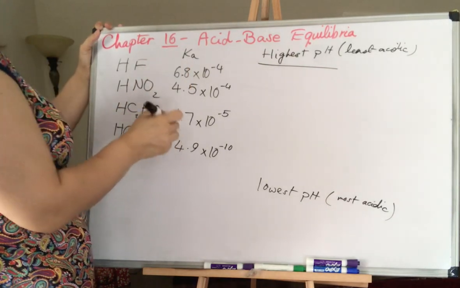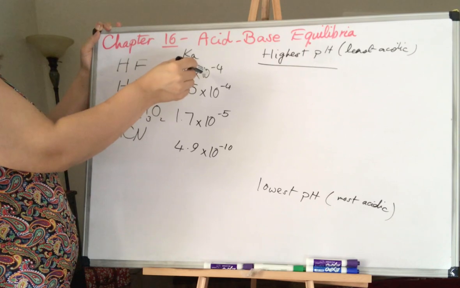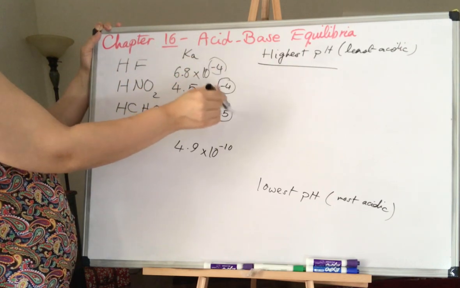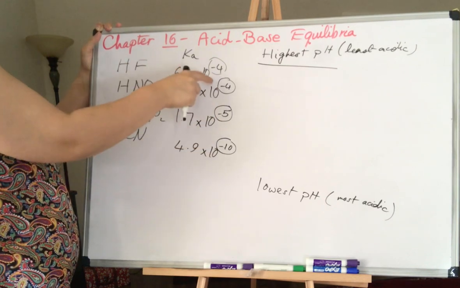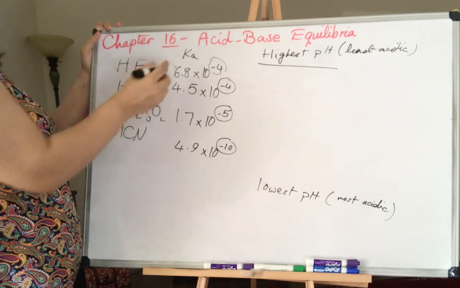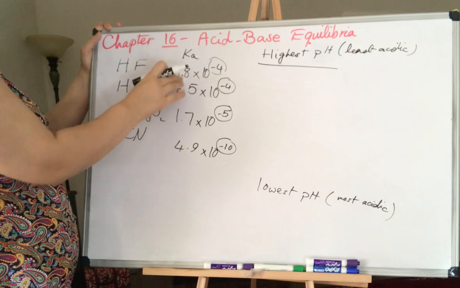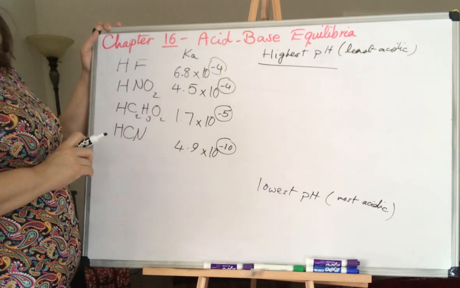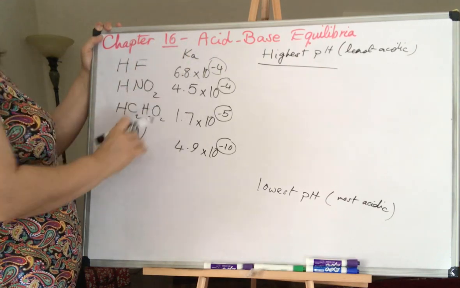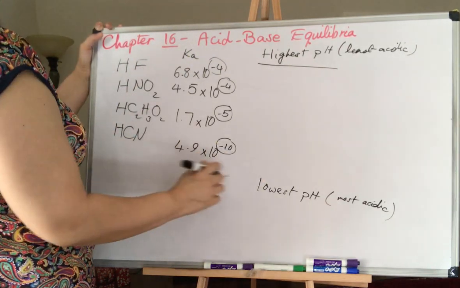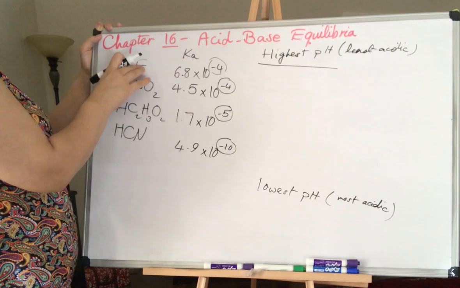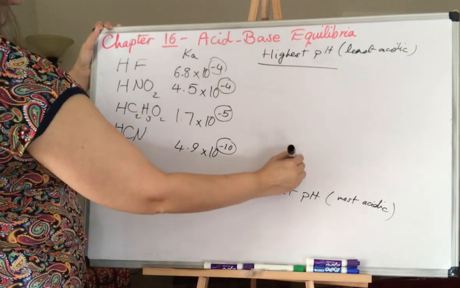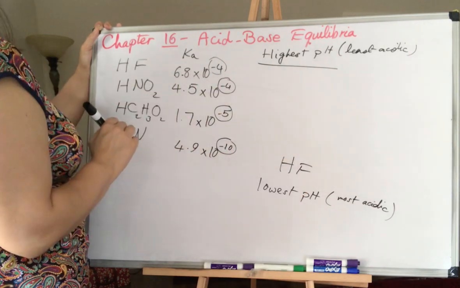If you pay attention, HF has the highest Ka value because of the exponent. These two are the highest, and if you compare the numerical part, you see that 6.8 has the highest Ka. So the highest Ka has the lowest pH, meaning this acid could dissociate more. So you put HF here, the lowest pH.